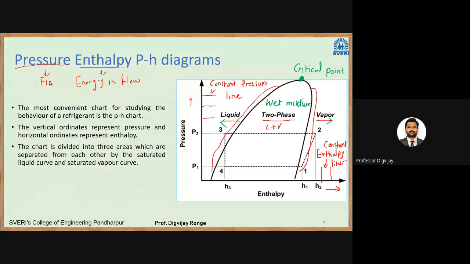So don't draw those dotted lines 1, 2, 3, 4. That is actually the vapor compression cycle, but we'll see that later. Otherwise, all other things, this curve and the pH graph, you can draw. No need to draw that dotted line 1, 2, 3, 4.